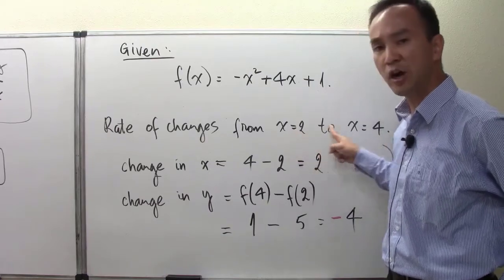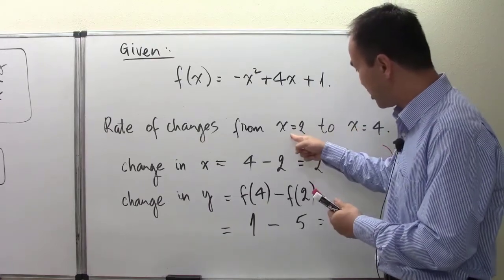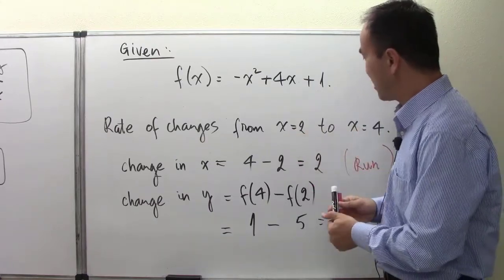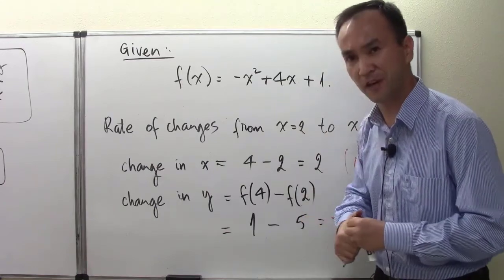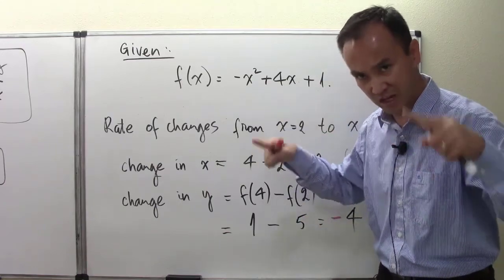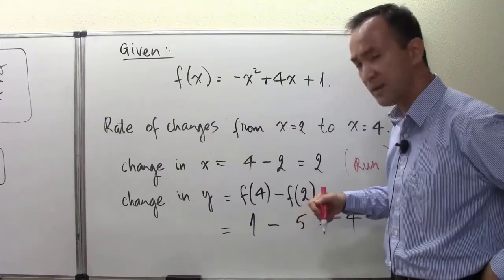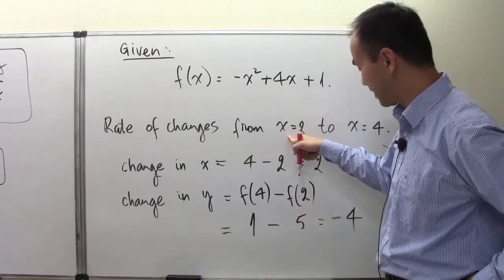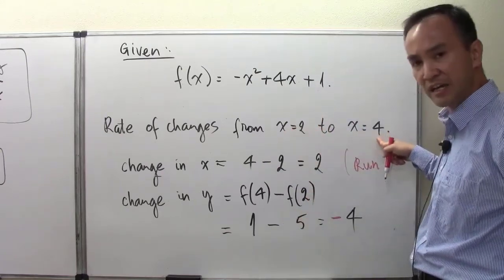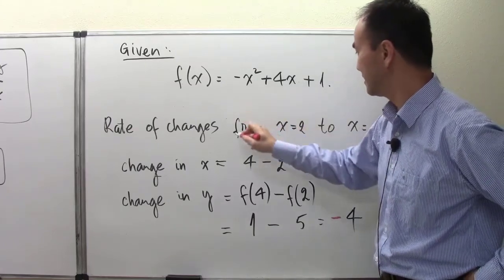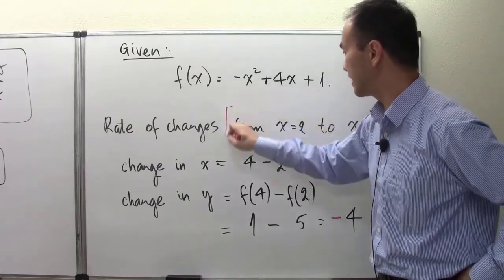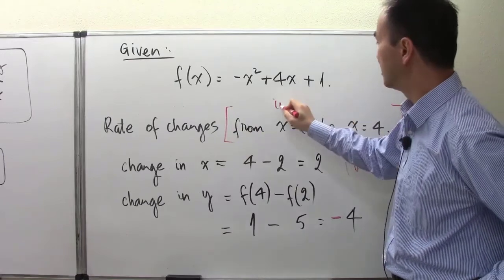Then you have to know that from initial to final, what you have here is an interval of change in the x values, in the inputs. So from some value initially to an ending input finally, this is an interval.